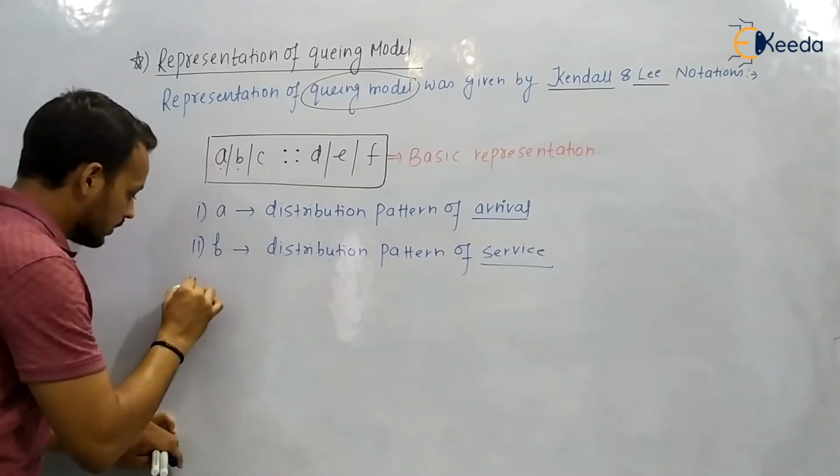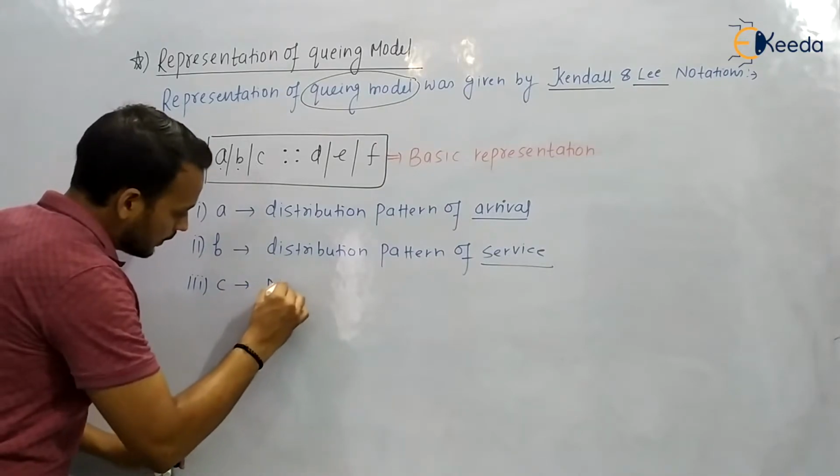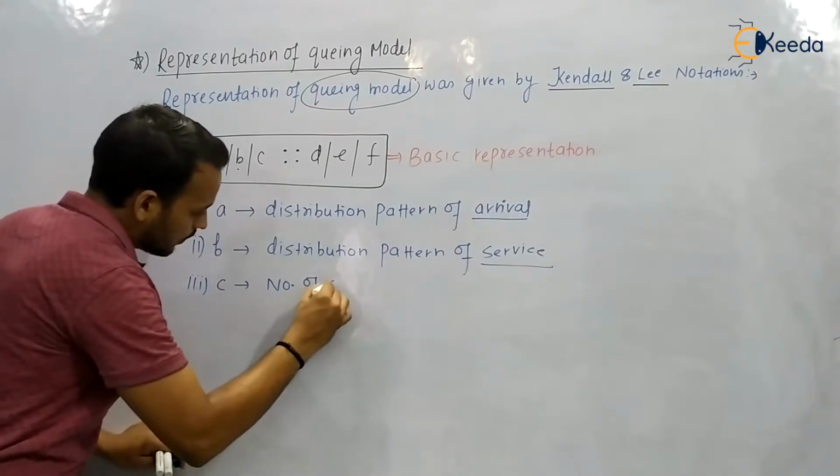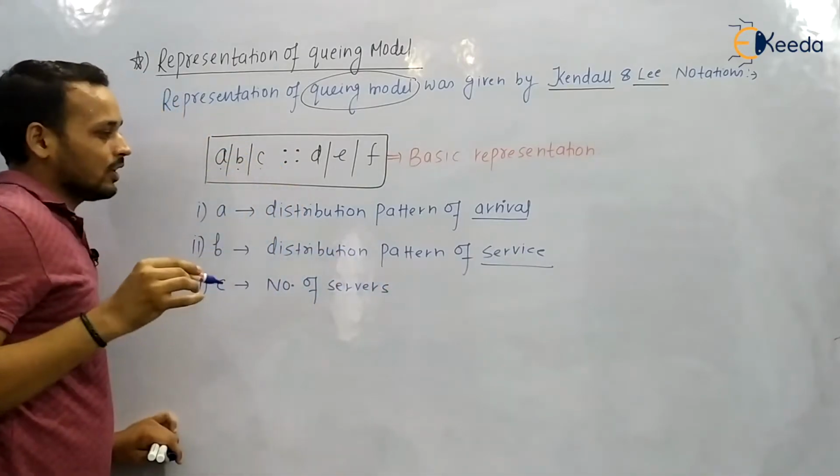What is this C? This C represents how many servers there are, the number of servers.